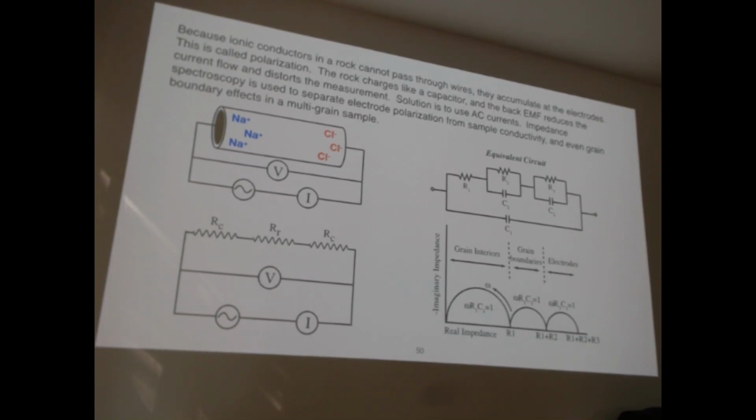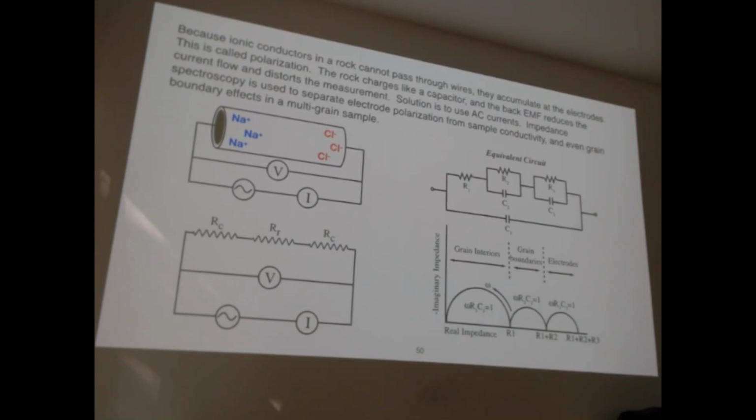It's called polarization. So you get around that by using an alternating current. So you keep reversing the direction of these charges at some high frequency so they don't pile up on the edges of the rock. So that's the trick.